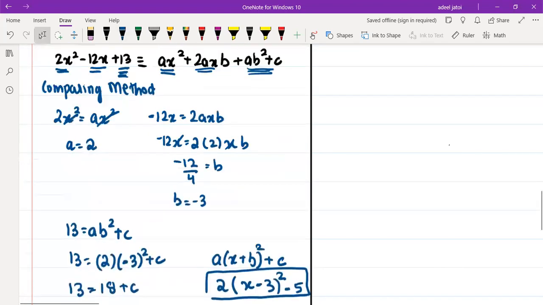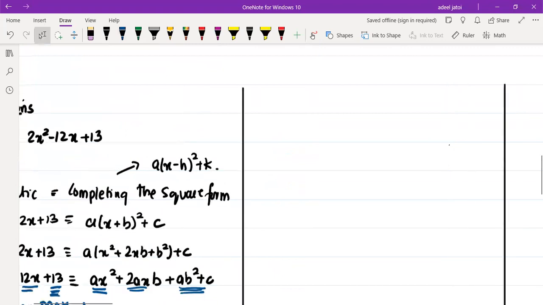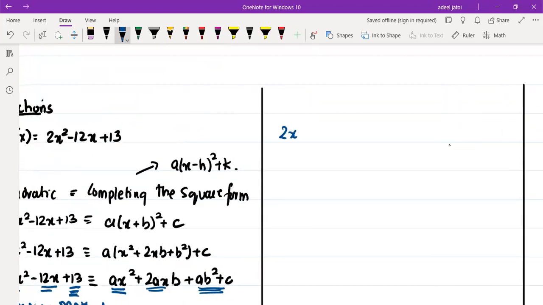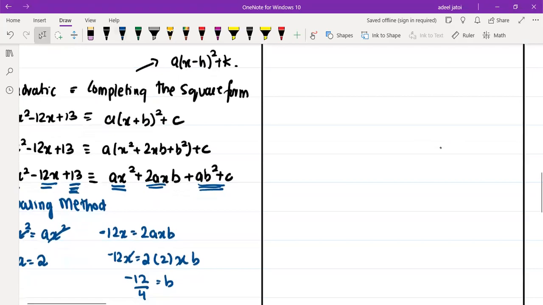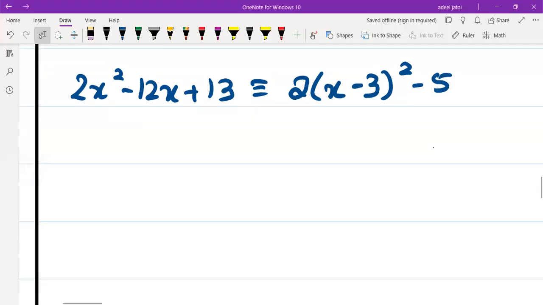Now, simply, if I say that we had 2x² minus 12x plus 13, and your values were 2(x minus 3) whole square minus 5. Now, since you have this quadratic equation in front of you, that is 2x² minus 12x plus 13, and you have completing the square in front of you, that is 2(x minus 3) whole square minus 5.